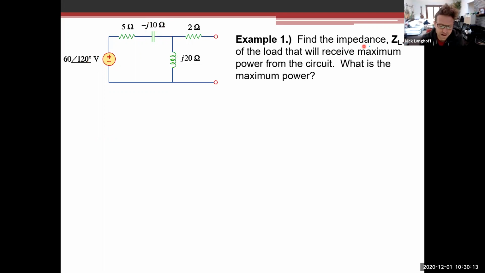We want to find the impedance ZL connected across this port that will receive maximum power from the circuit. And what is that maximum power?